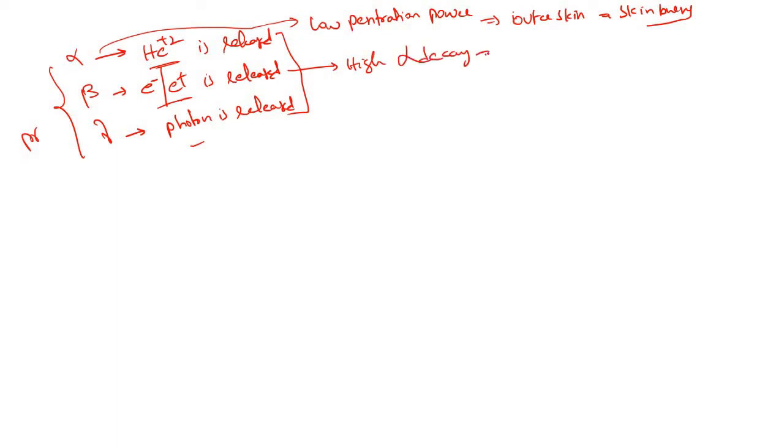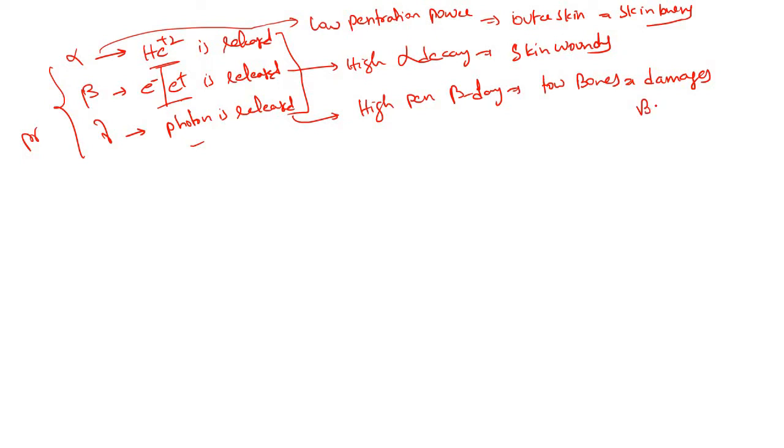It goes a little bit inside our skin, so it causes skin wounds. Gamma decay releases photons, which have high penetration power compared to beta decay, so they go deep inside the body, even towards the bones. They even damage bone marrow. So gamma decay is very dangerous.